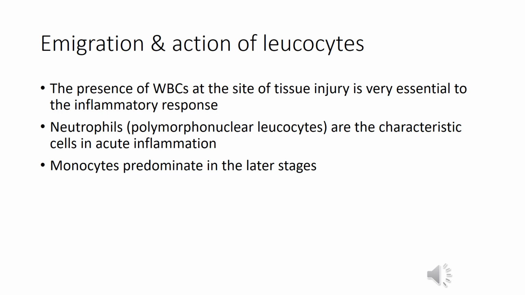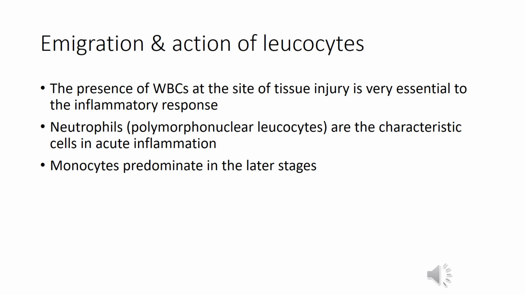So let's look in a little bit more detail at how the white blood cells are attracted. They leave the blood through the blood vessel wall to the site of injury, and what do they do?